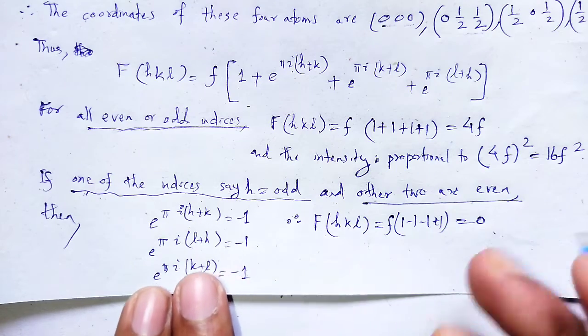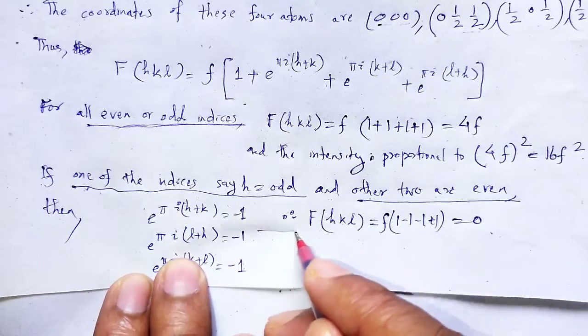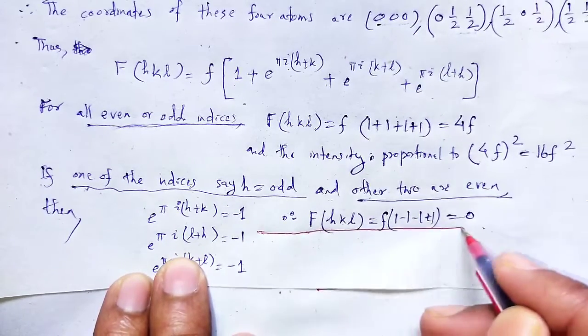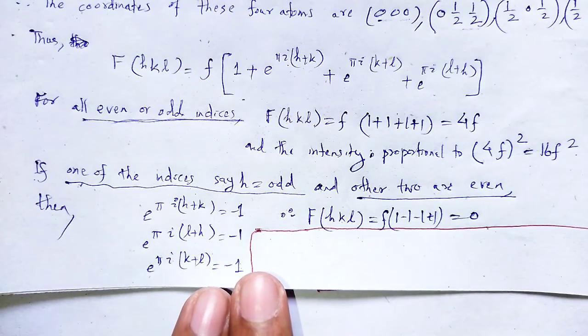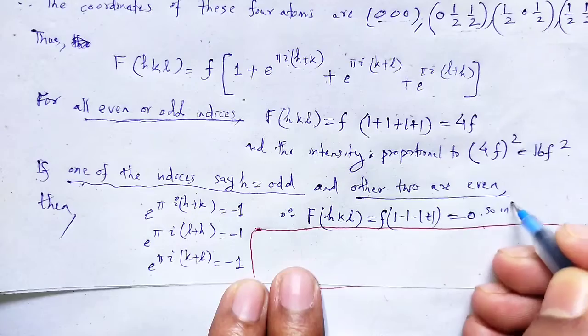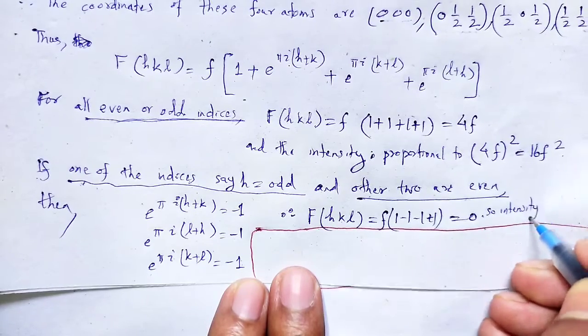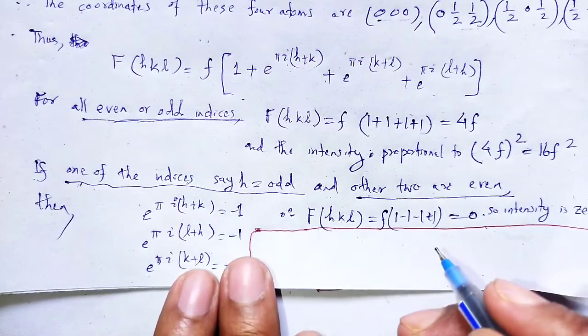So an important point we write here: since the amplitude will be 0, the intensity will be 0.